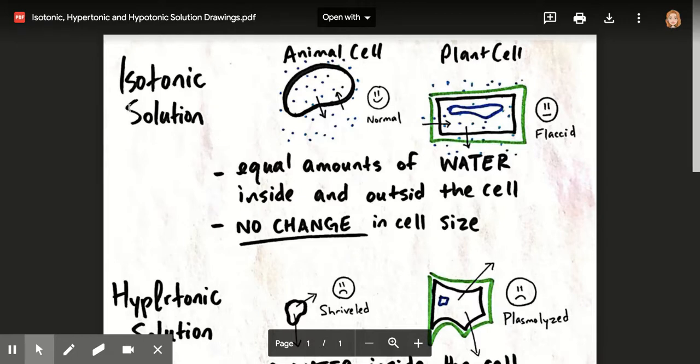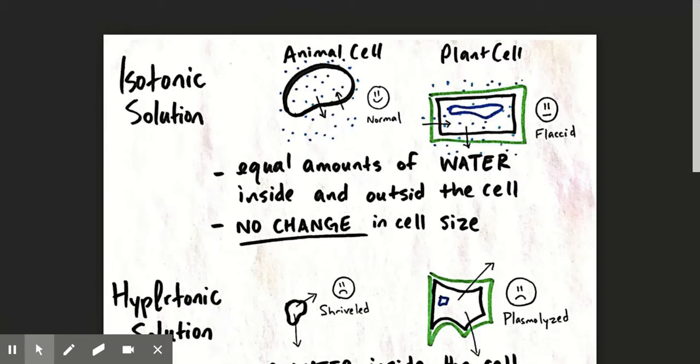That being said, we're going to start by talking about isotonic solutions or isotonic environments and how that can affect a cell and the directions that water can move or not move.